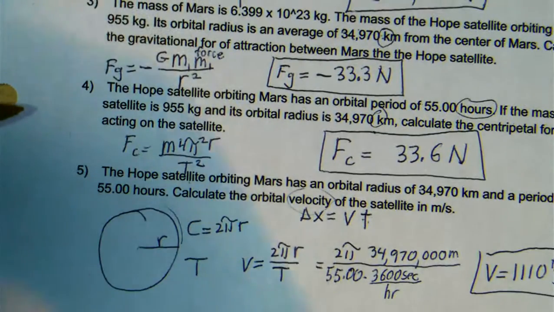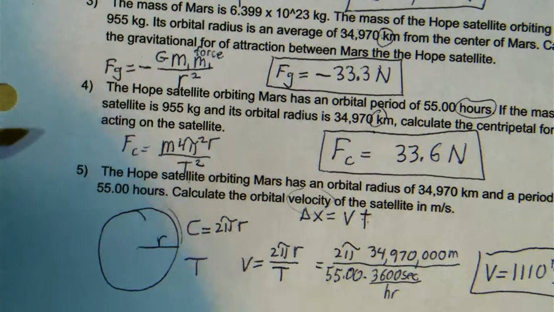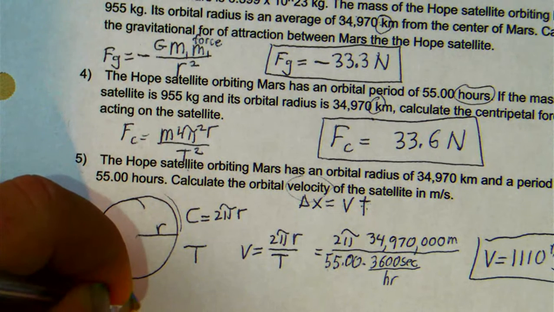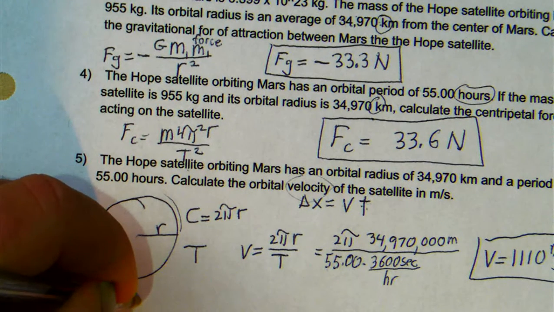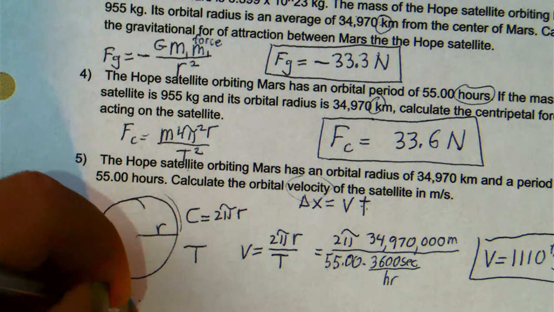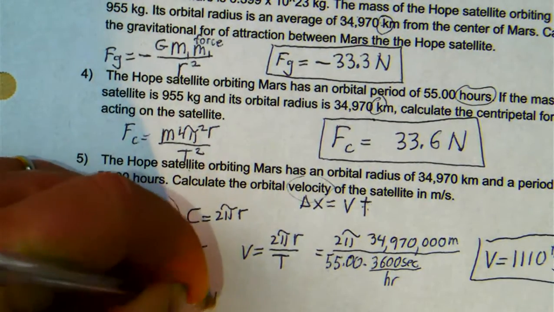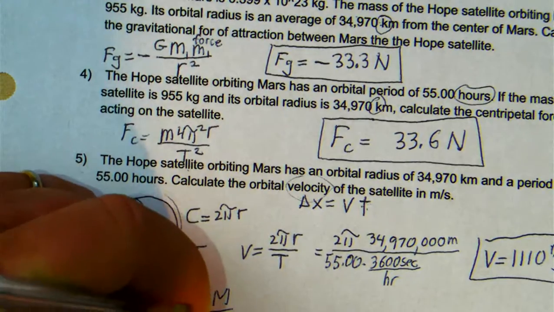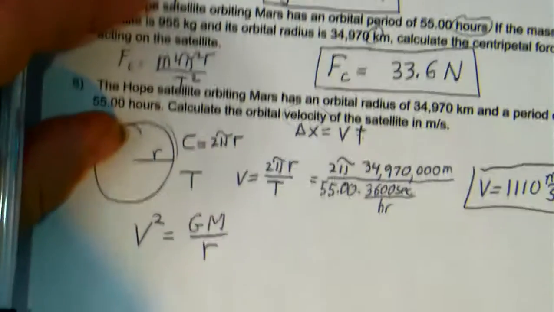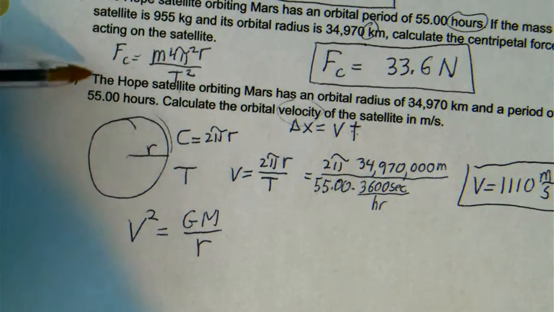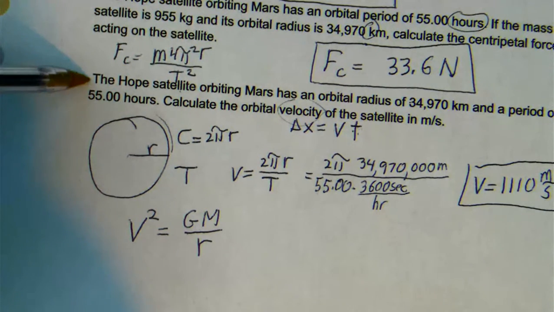It's just that in this situation, I didn't actually give you the centripetal acceleration. What I did not give you is a formula that says v squared equals G times M divided by r. I'm not sure you had that formula at the time that this problem was assigned.